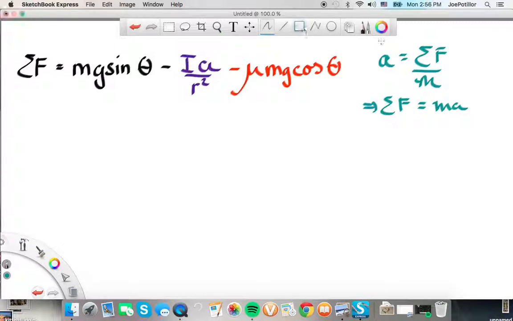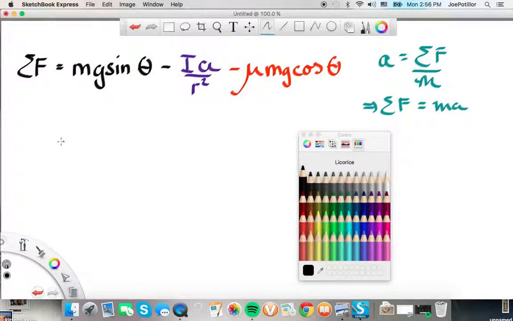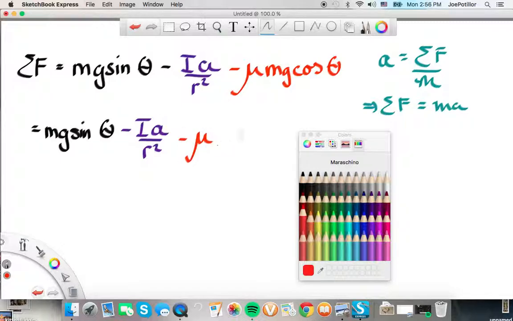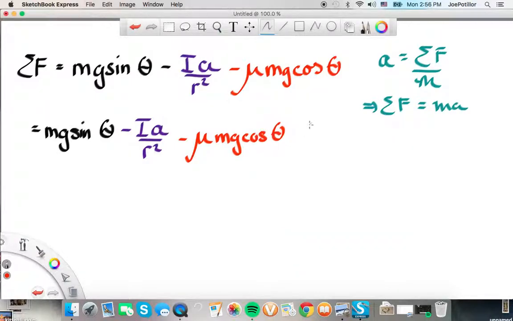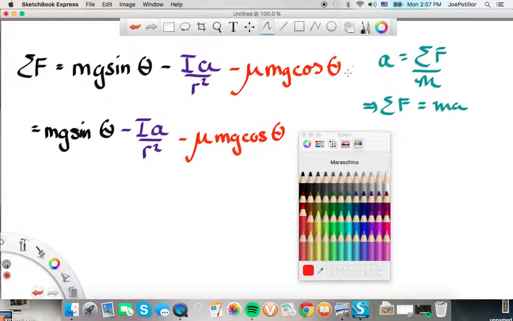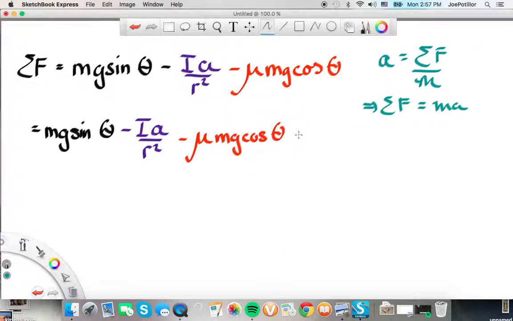So we have mg sine of theta minus I a over r squared minus mu mg cosine of angle theta, the whole mess, is equal to little m times a.